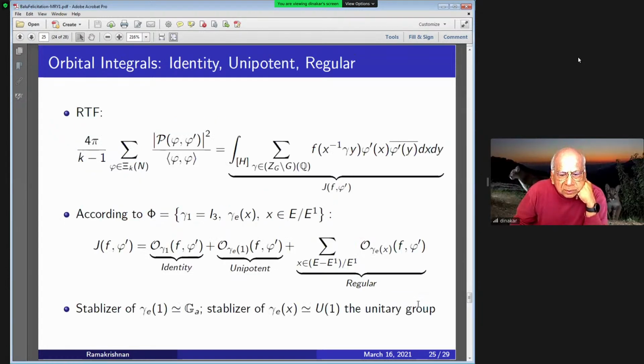So like I was saying before, the geometric side becomes: there is an identity double coset, a unipotent double coset, which is gamma E of 1, and then everything else, which I call regular. To be precise, some people would call this regular and semi-regular, but it is not identity or unipotent. And these first two terms give you the dominant terms in the asymptotic formula.